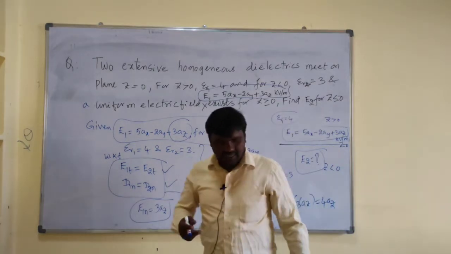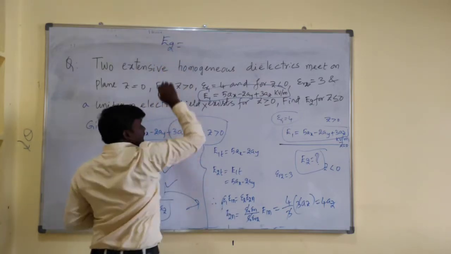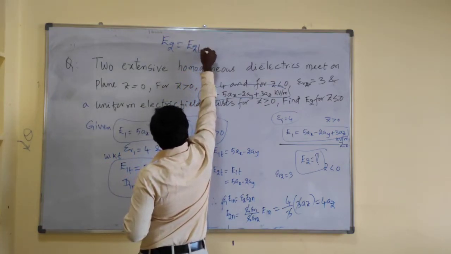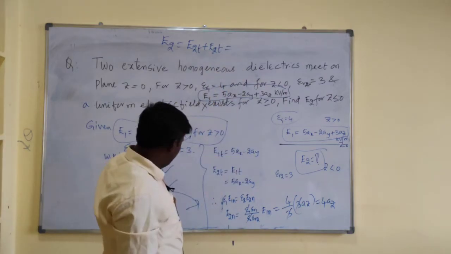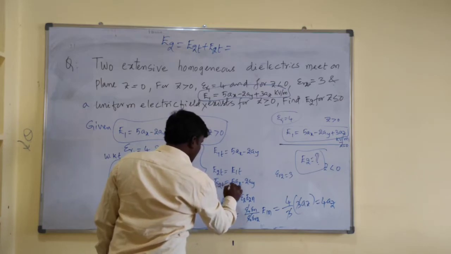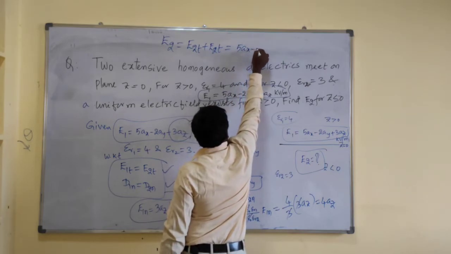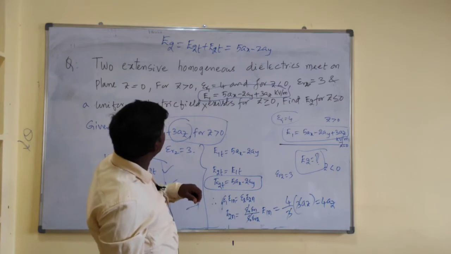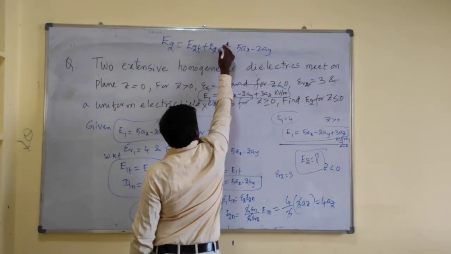I will write E2 here. We know that any vector quantity is the sum of tangential and normal components, E2t plus E2n. The tangential component of E2 is 5ax minus 2ay, and for the normal component, sorry, here I wrote E2t plus, actually it is E2n.